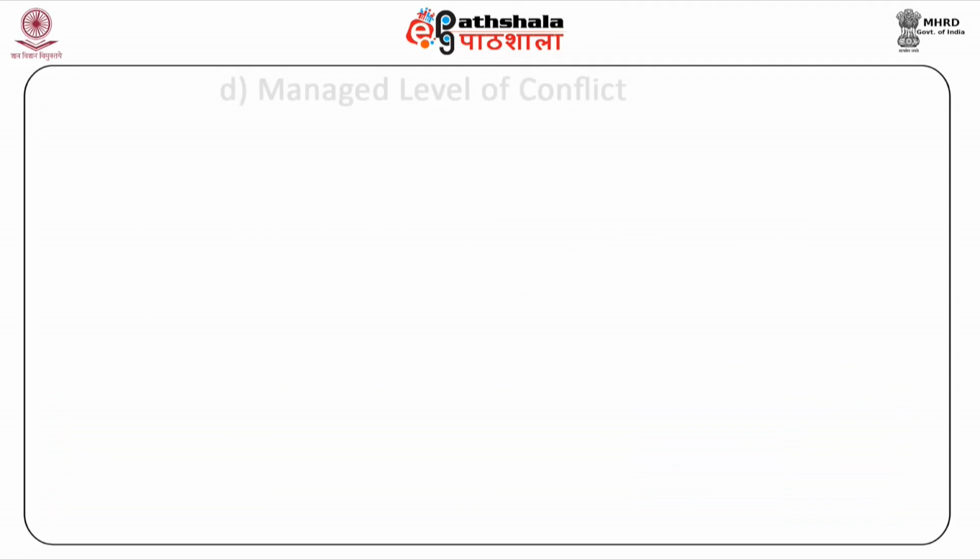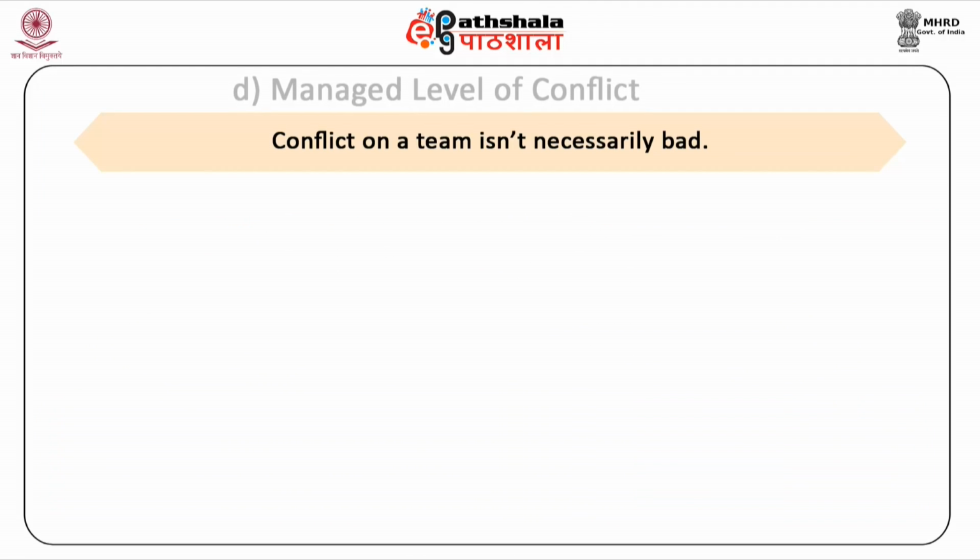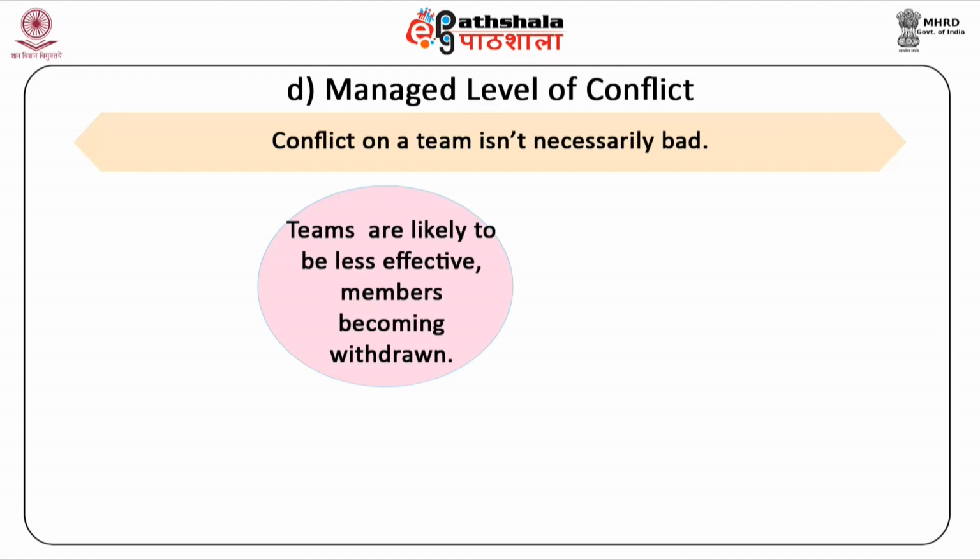Managed level of conflict. Conflict on a team isn't necessarily bad, though relationship conflicts, those based on interpersonal incompatibilities, tension, and animosity toward others, are almost always dysfunctional. Teams that are completely void of conflict are likely to be less effective, with the members becoming withdrawn and only superficially harmonious.